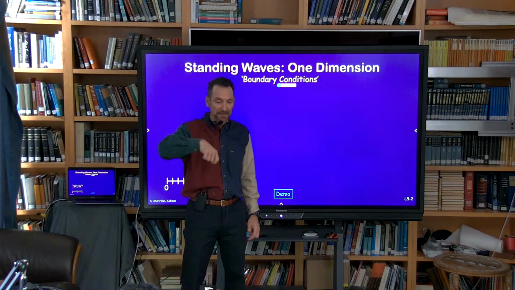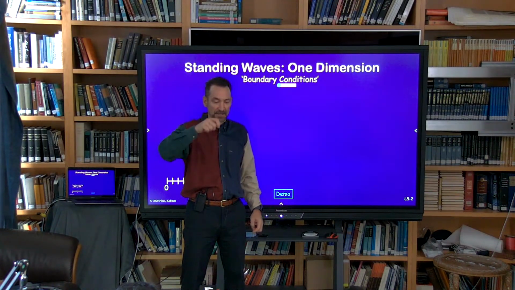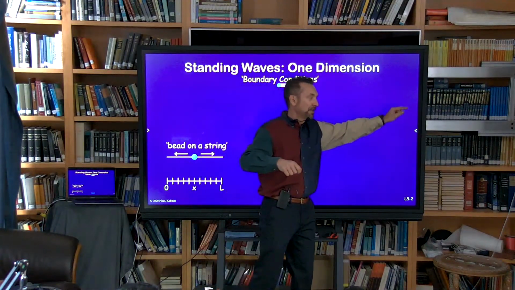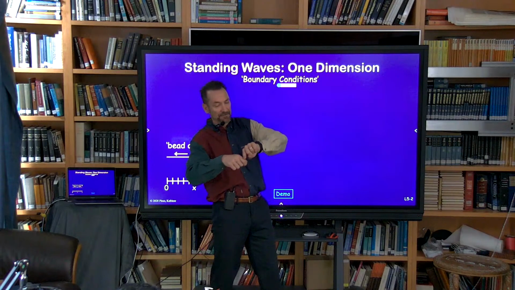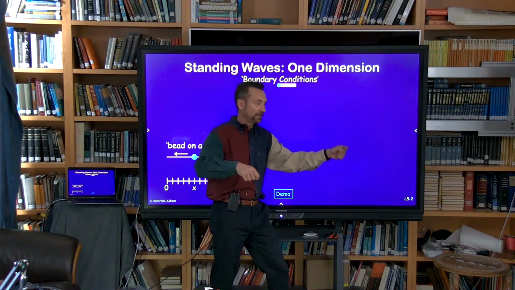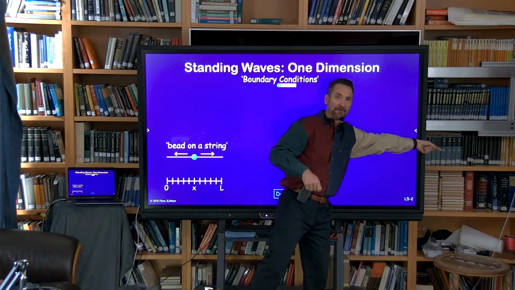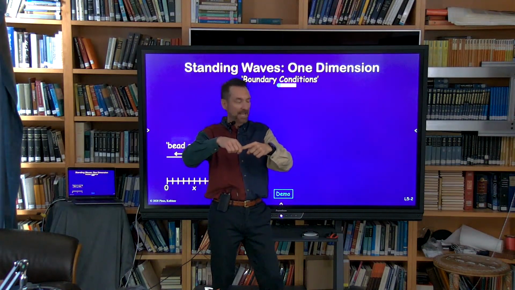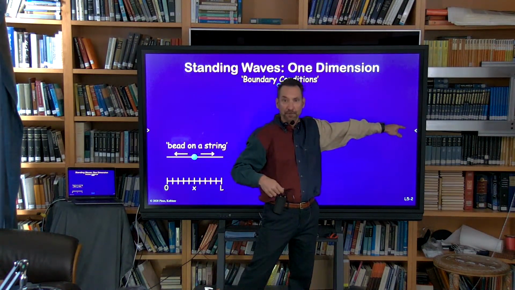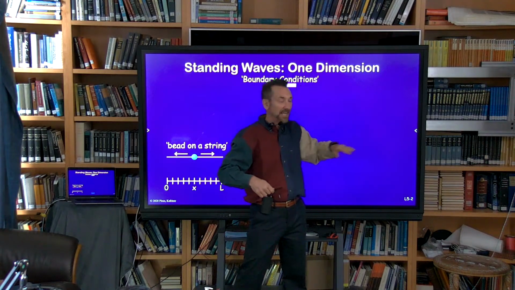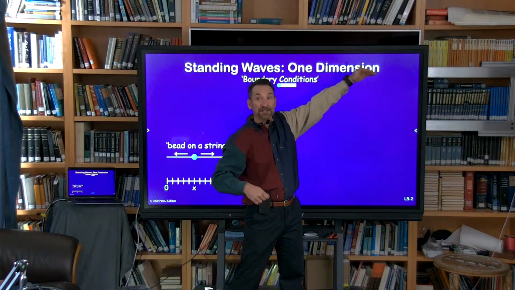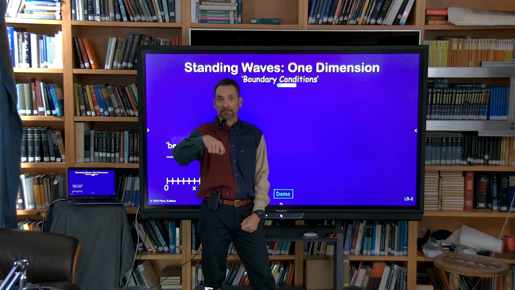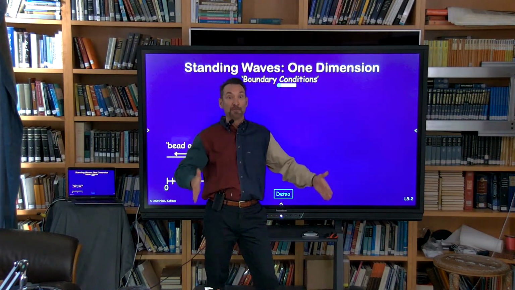Well, I have to arrange it so that there's a whole number of half wavelengths. 1 half wavelength, 2 half wavelengths, 3 half wavelengths. Essentially, there's a 0 point at my hand and a 0 point over at the wall. I can't have it hit the wall at an energy point. The wall has to be a 0 point, and my hand has to be a 0 point. Those are called boundary conditions.